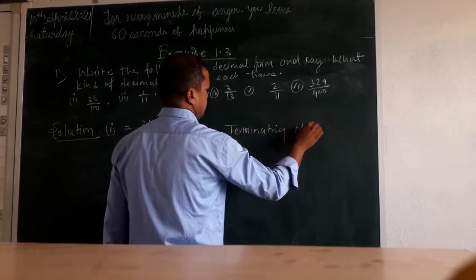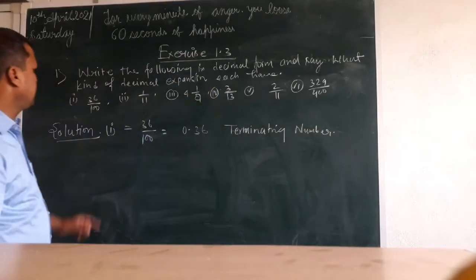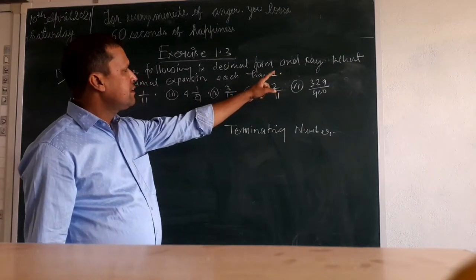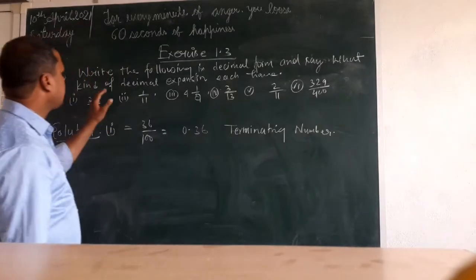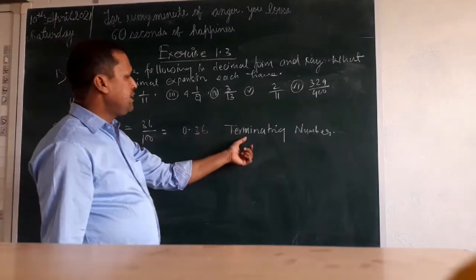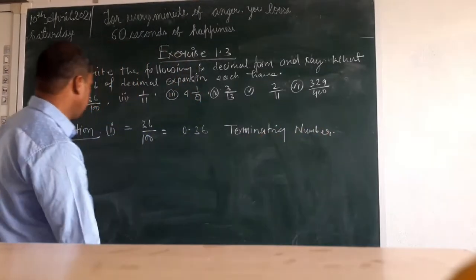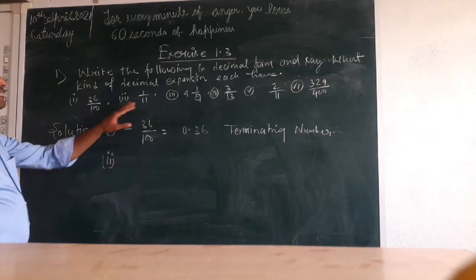So the decimal form is this, and the kind of that number is terminating. First one over. Now similarly you can solve the second question also.